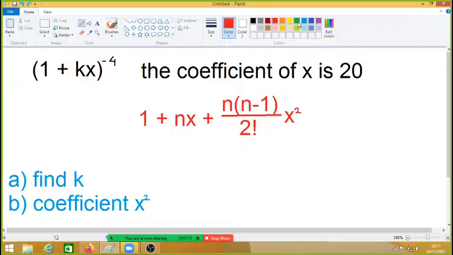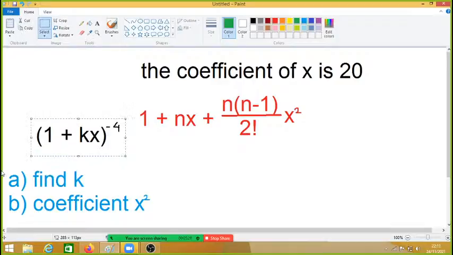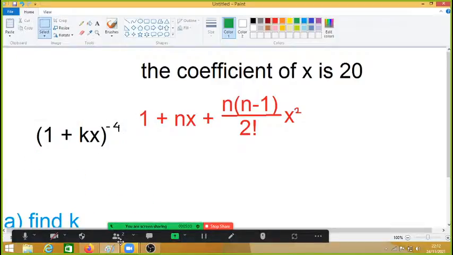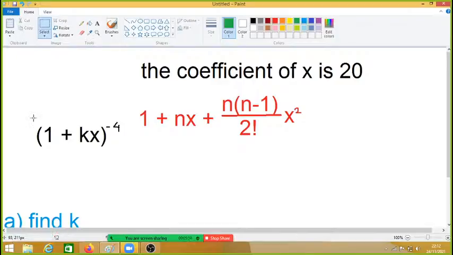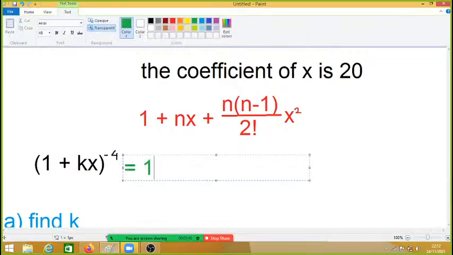Let's just bring this down a little bit to here. So this expansion would work out to be firstly 1 plus nx, which is minus 4 times x.